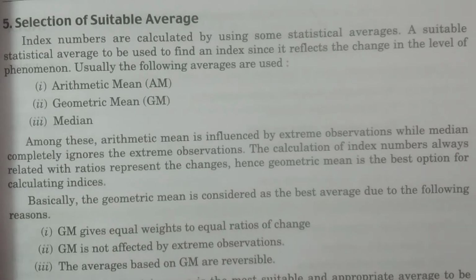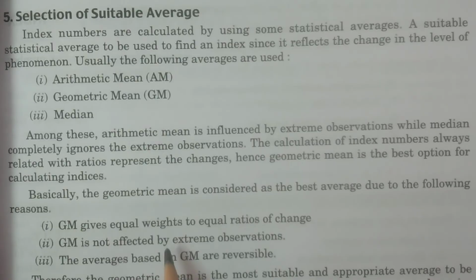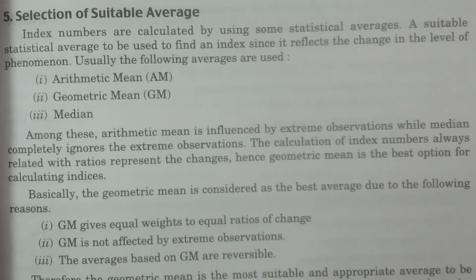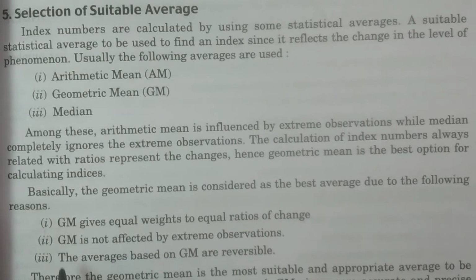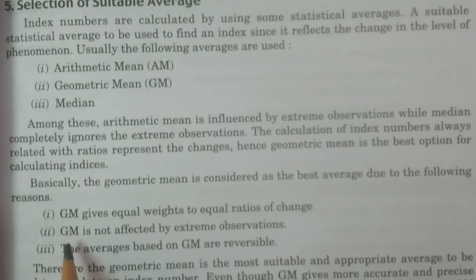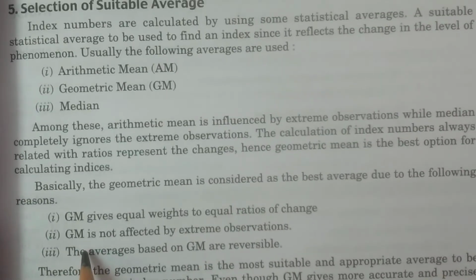Among which geometric mean is the suitable measure because geometric mean is used in the calculation of ratios to represent changes, because ratios are a particular representation to identify the changes in the phenomena, in the variable. And also there are some very important reasons why we are considering geometric mean.